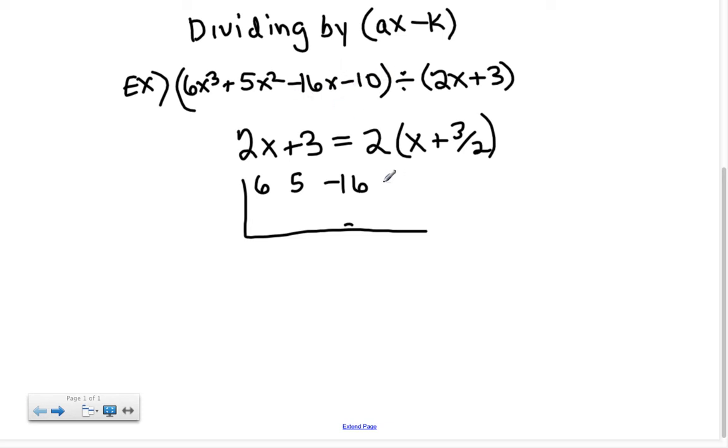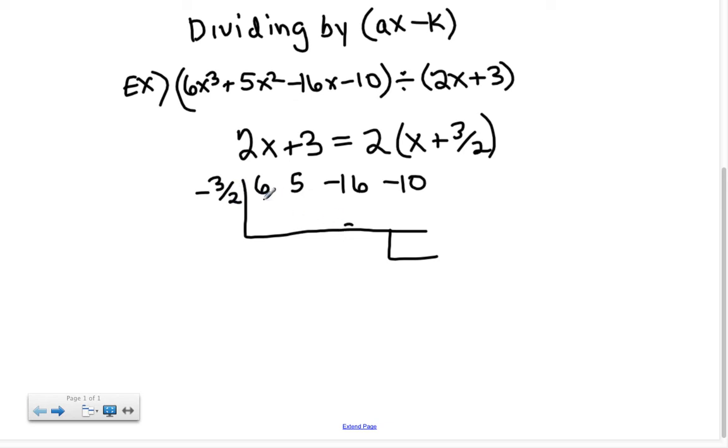If I did have a missing power, I would have to put in a dummy term, just like I did in long division. Okay, let's finish this off with negative 10. And again, I like to put a box here just to remind myself that whatever is in the box is going to be the remainder. Then in front of here, this is where I put my k value. And the k value, of course, is this value here, but the opposite of it. So it's going to be negative 3/2.